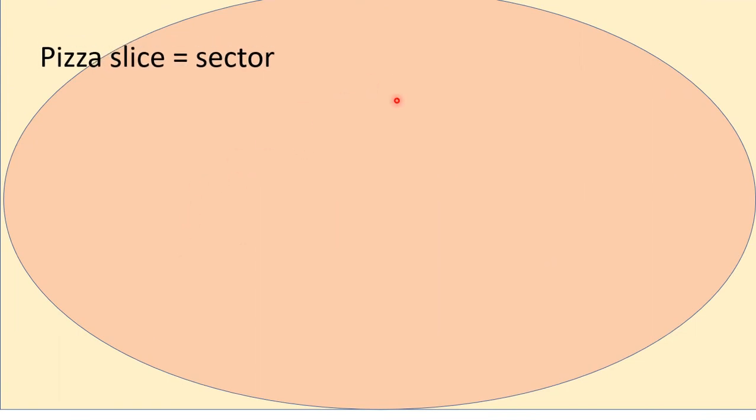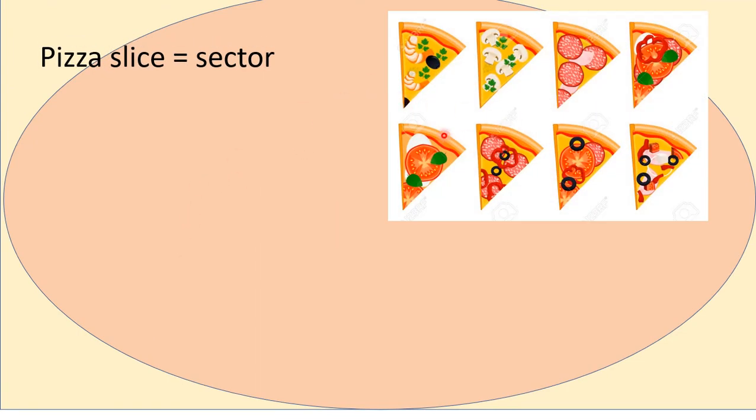Now let's talk about the shape. That pizza slice is always the shape of the sector. So we can remember that whenever we get a pizza slice, that is the shape of a sector.